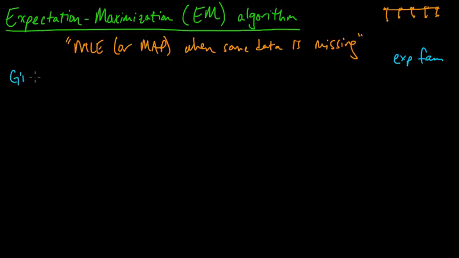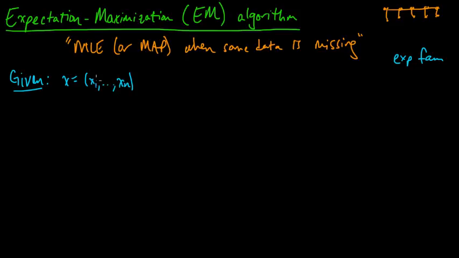So let's talk about what it is. What is the EM algorithm? I'm going to give you the general formulation, the setup, for the EM algorithm. And in the next video after this, we'll give some motivation for why you might do this, a natural derivation of the algorithm.